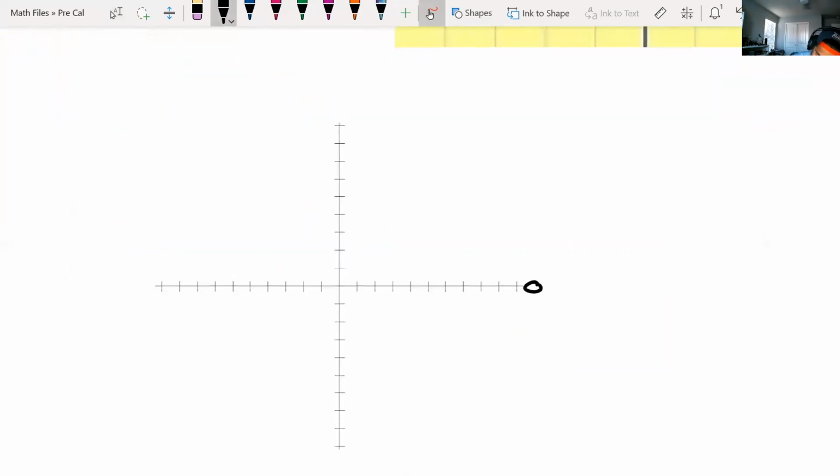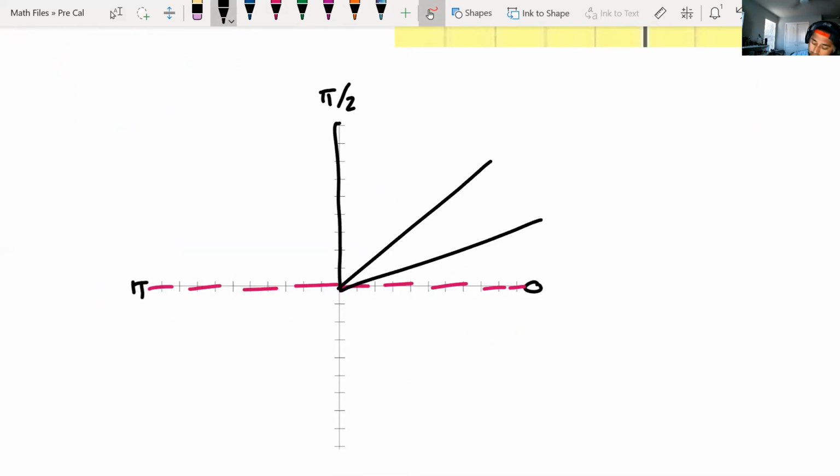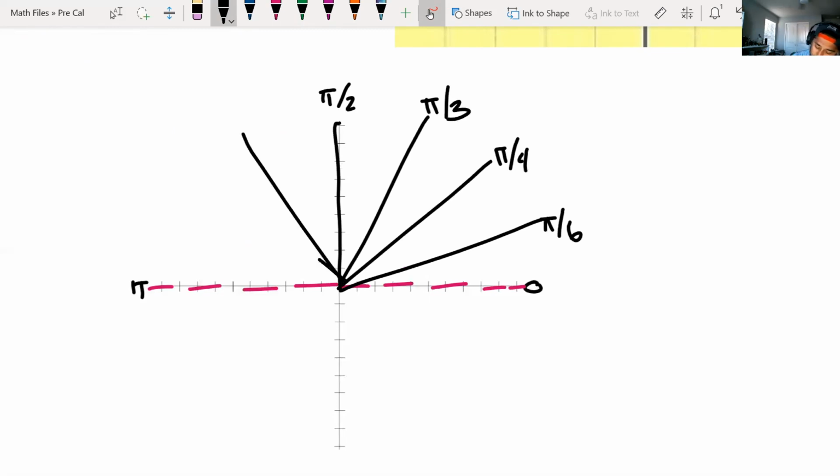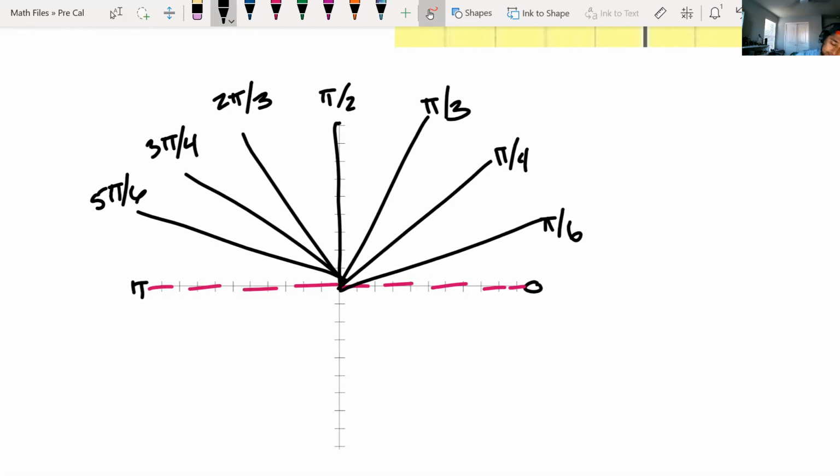Here's 0, here's pi over 2, here's pi. We can't use 0 and we can't use pi, but we can use everything else: pi over 6, pi over 4, pi over 3, 2 pi over 3, 3 pi over 4, 5 pi over 6.